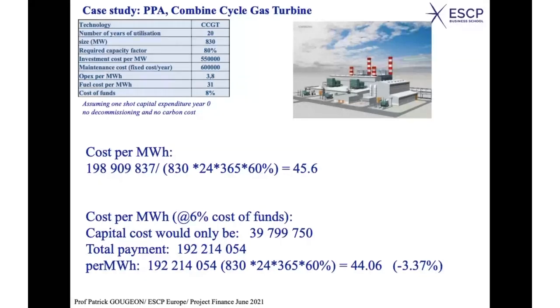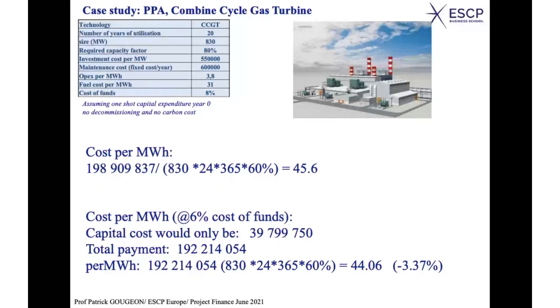By reducing the cost of funds, you can also reduce the price at which the state pays for the electricity, and therefore also the price that you will demand from the consumers, from the public. And that's why you always have tough discussions concerning the interest rates and the return offered to equity holders in project finance, because it has an impact on the price to be paid by consumers at the end.